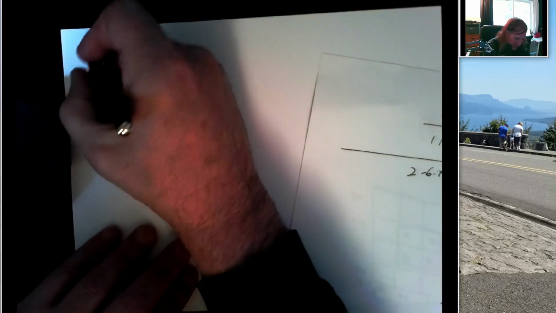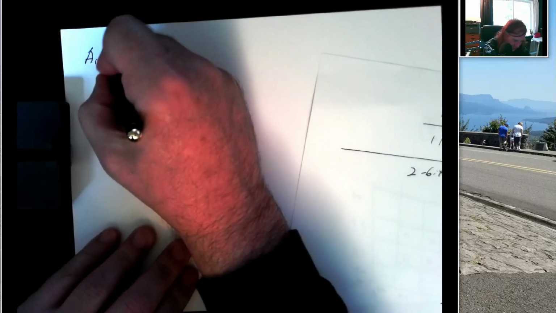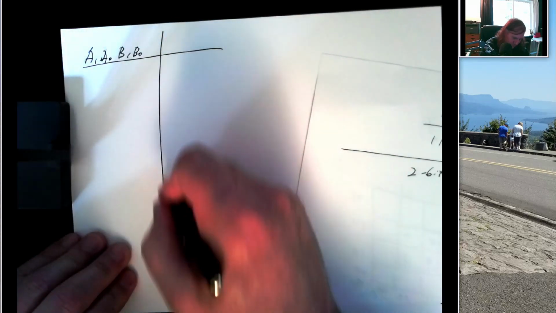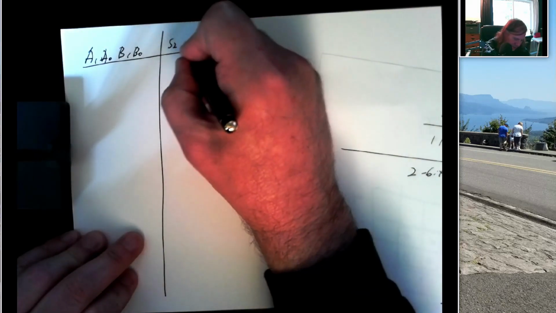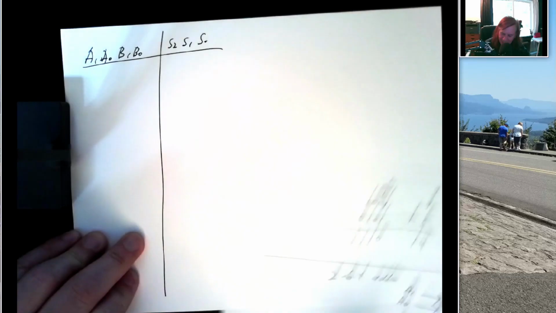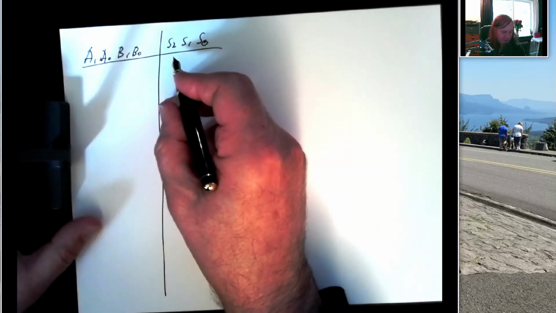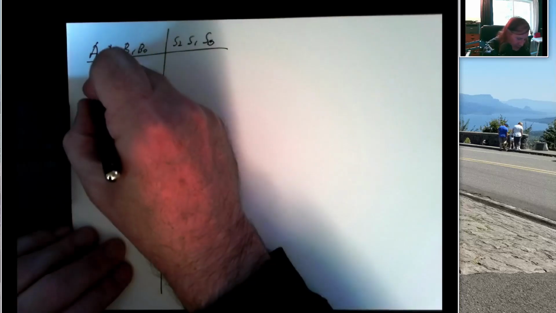And so we can make a truth table to describe this, A1, A0, B1, B0. And we can describe what the output should be. And we're kind of getting 3 truth tables for the price of 1. I'm going to write all 3 of our output variables in this one table.